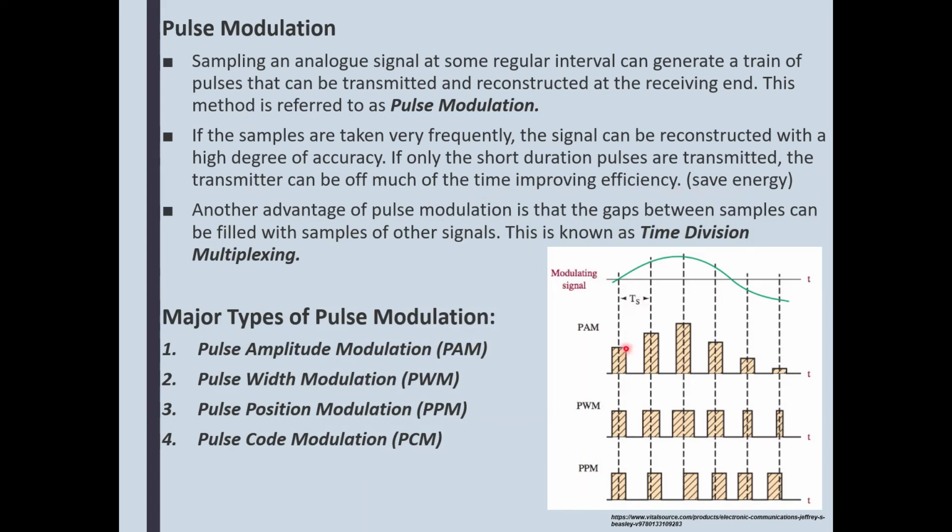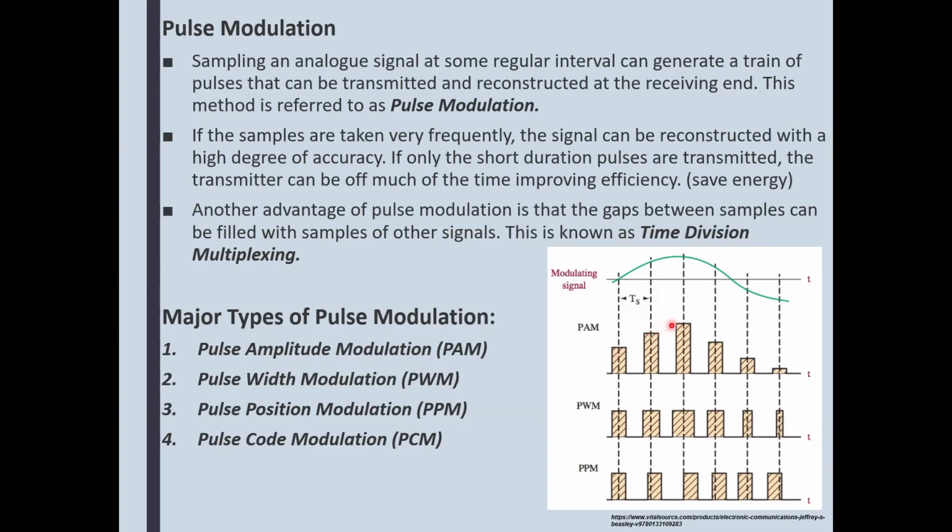So when we are trying to send pulses, here's the transmitter that has to work, and at this time it doesn't have to work. Here is something that has to work, and there's the time that it doesn't have to work. So one advantage of that is that we don't need as much power to transmit the signal.